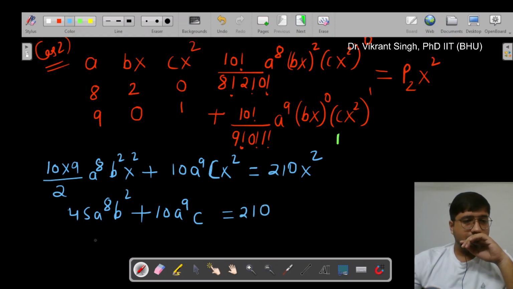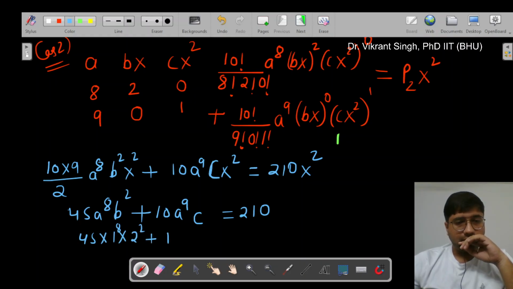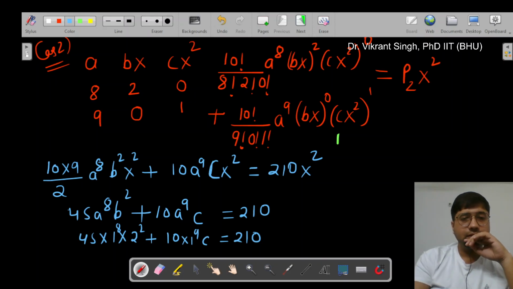Simple. Now we will put the value of a and b here to get the value of c. So 45 into 1 plus 2 square plus 10 times 1 to the power 9 into c is equal to 210. Simple.